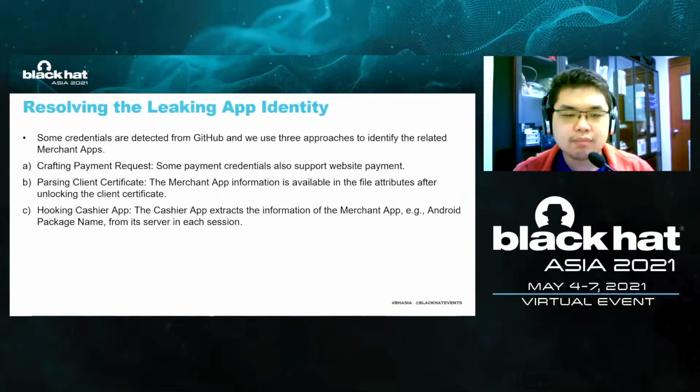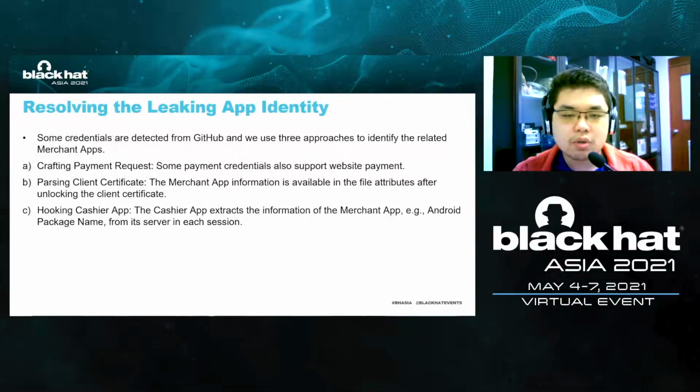1,500 apps. On the other hand, the client certificates are usually leaked along with the related payment keys in Cashier 2. Besides, the API information is available after we unlock the client certificates. We automate this approach and have identified around 3,000 leaking merchant apps.